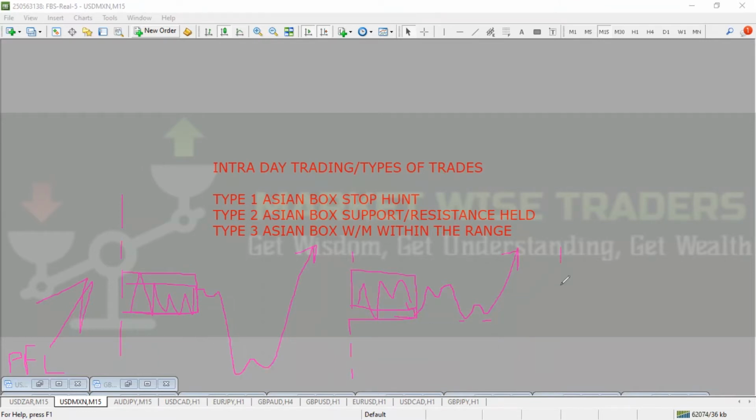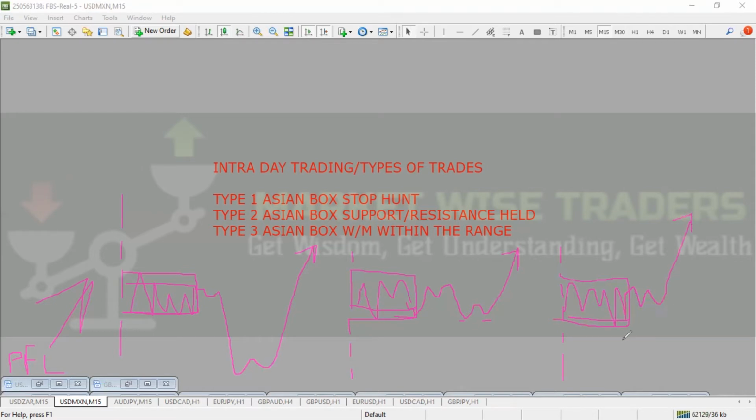Then we have what we call the type 3 setup. These are for longs going up. This is your Asian box range, and price is playing around inside that range. When it comes here, it doesn't even meet the low of Asia. It comes down like this and goes long.